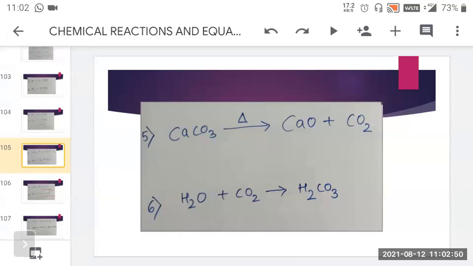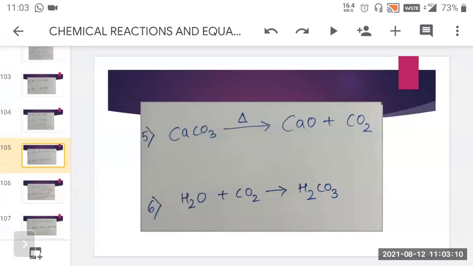So here 3 oxygen. That means it's fulfilling the number of elements in both the reactant side and the product side. So here you can see the number of elements on the reactant side is equal to the number of elements on the product side.